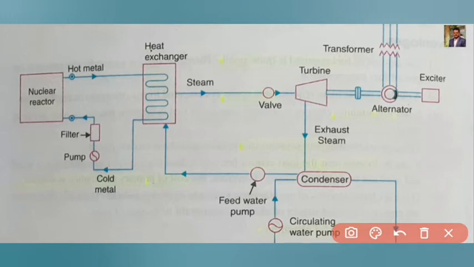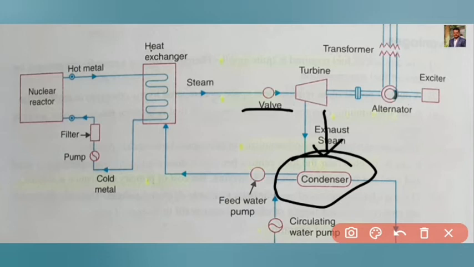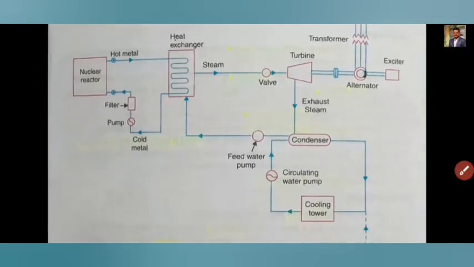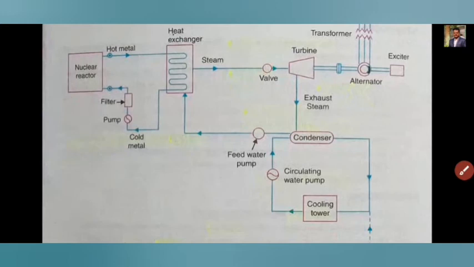As we discussed before in the thermal power plant, steam energy is spent in the turbine. Here the exhaust steam goes to the condenser. What is the work of the condenser? Simply, it converts the steam to water.